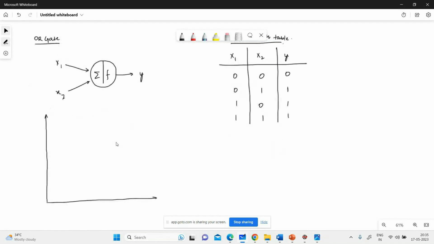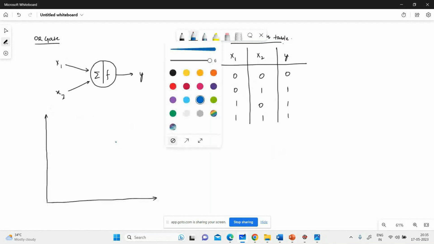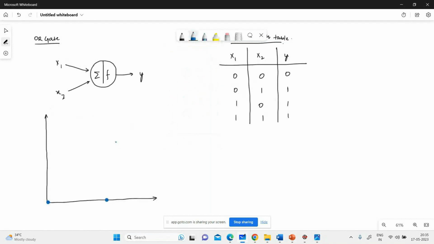Our input data are here: 1, 2, 3, 4. These are all my inputs. This one is given by 1 comma 1. This is given by 1 comma 0. This is given by 0 comma 0, and this is given by 0 comma 1. Let's draw the decision boundary now.